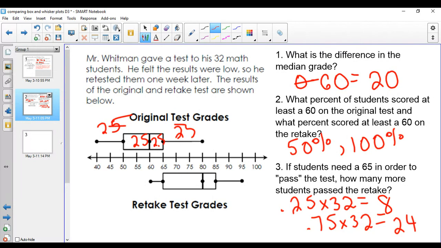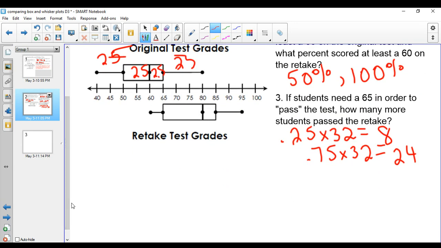So those are the two numbers that we need to answer the question. If it says how many more students pass the retake, that tells us that we need to subtract those two answers. So if we subtract 24 minus 8, we get 16. So 16 more students passed on the retake.